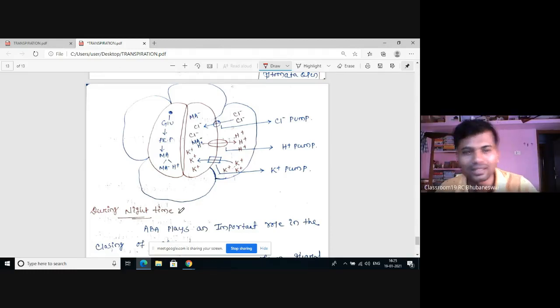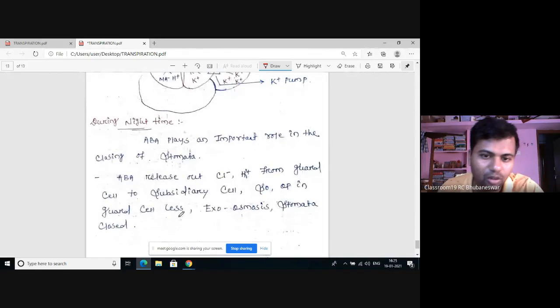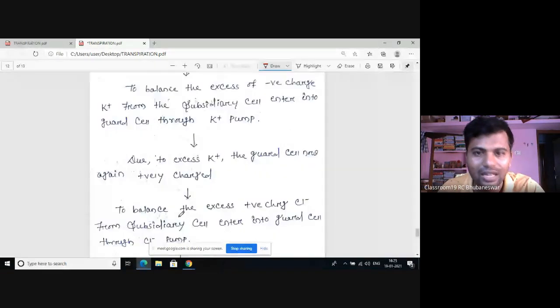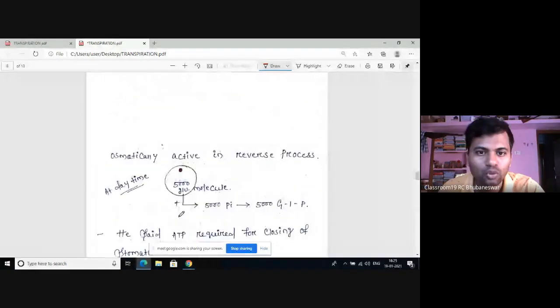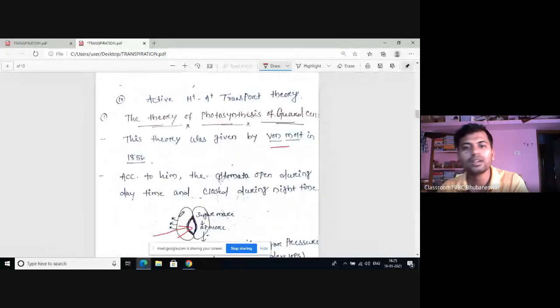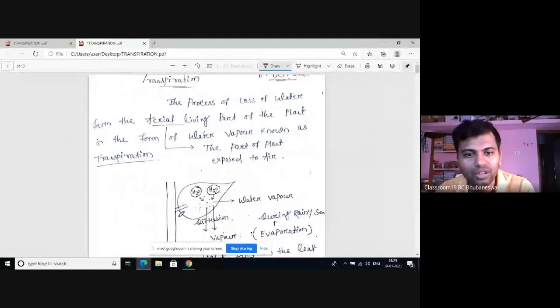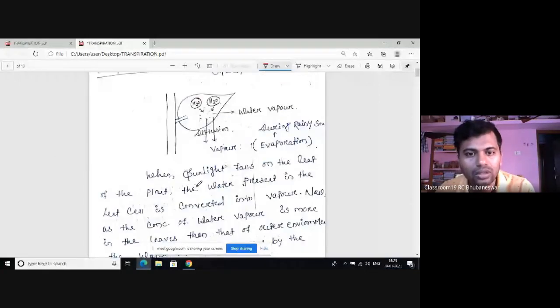Then this is the mechanism of the transpiration. Always remember, if in the exam the question comes, describe the process of transpiration, first you write the definition of the transpiration. After that, this figure, then the types of transpiration.